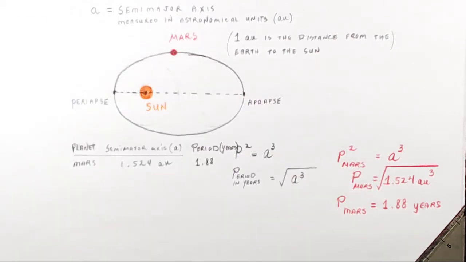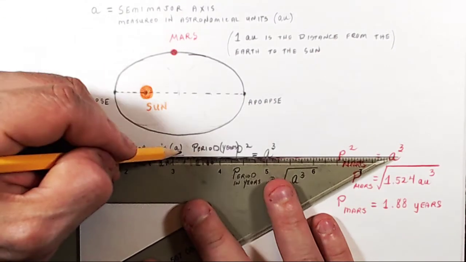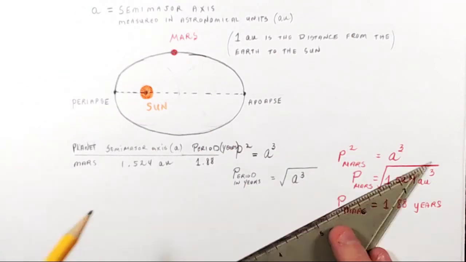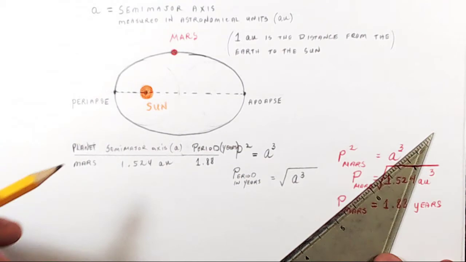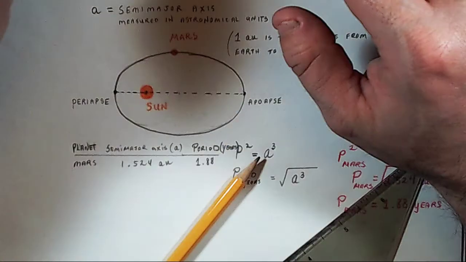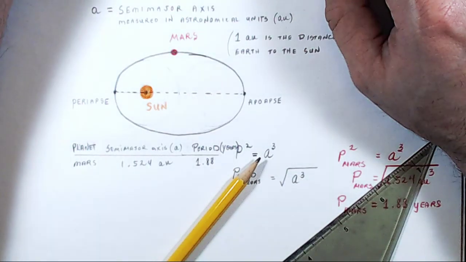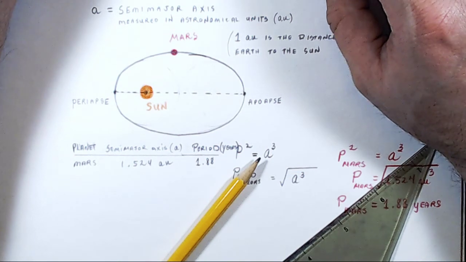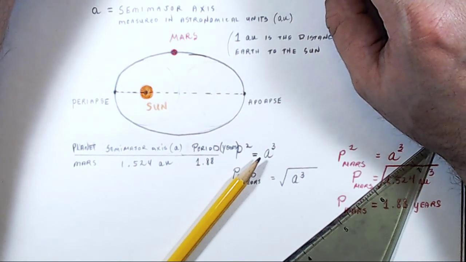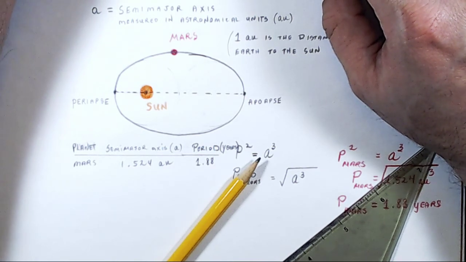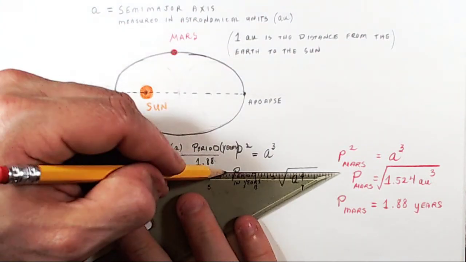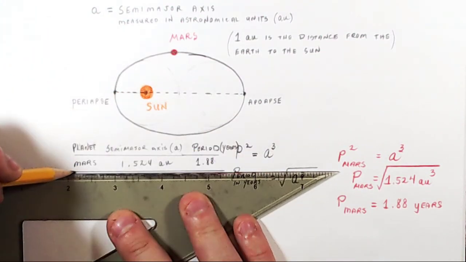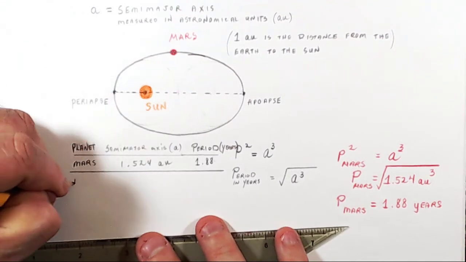Well, why stop there? Let's continue and see if we can't find the orbital period for other celestial bodies. Let's take the semi-major axis for Mercury, which is the planet closest to the Sun. I'll make a new row. This one will be for Mercury.